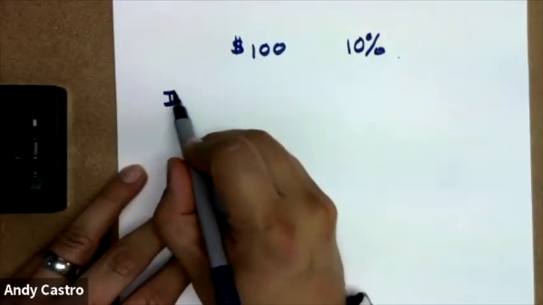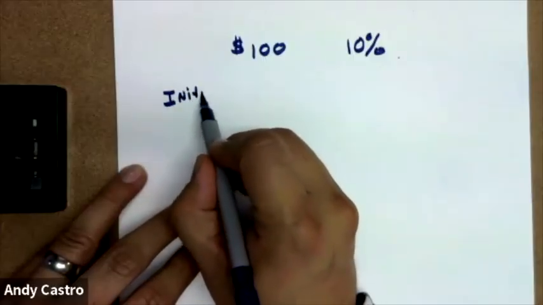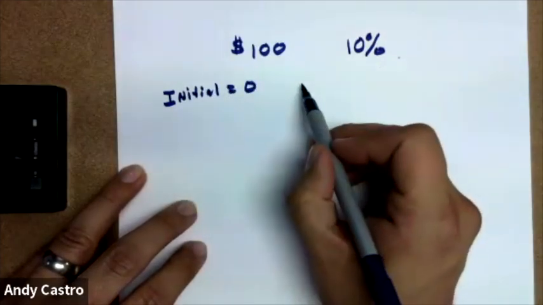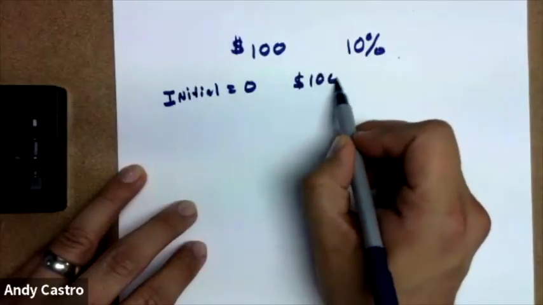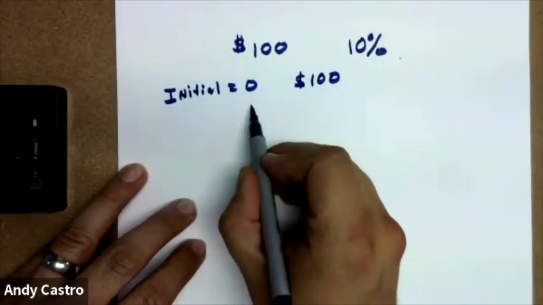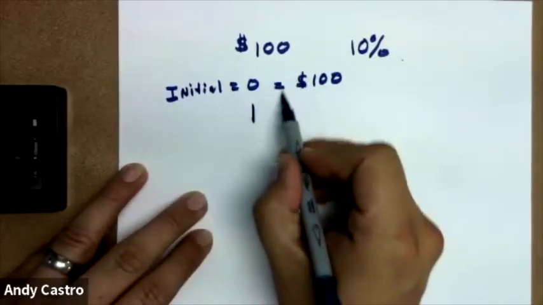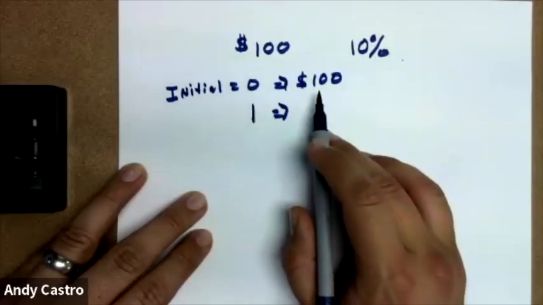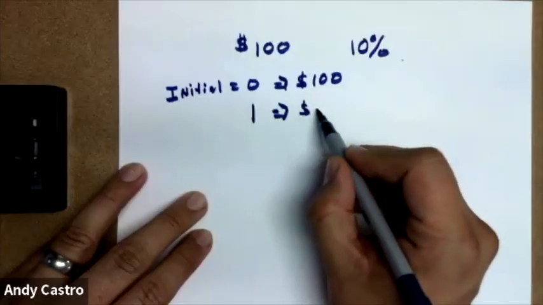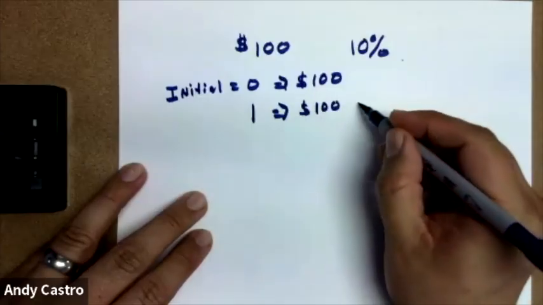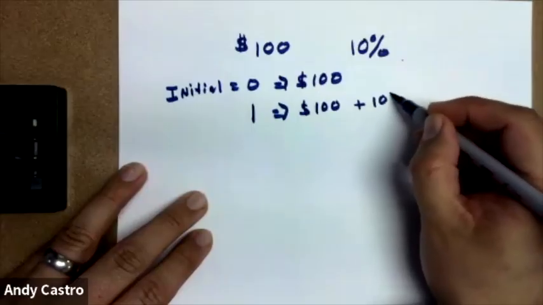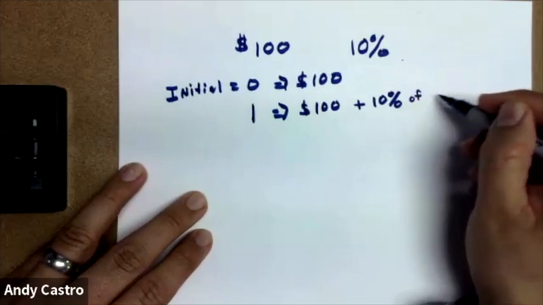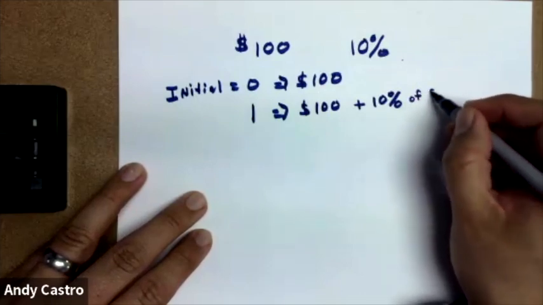Okay. So let's think about this. Your initial investment, or year zero, is $100. After 1 year, we're going to add 10% to this. So you take your initial amount of money, and then I'm going to add 10% of, and remember, of is multiply, $100.